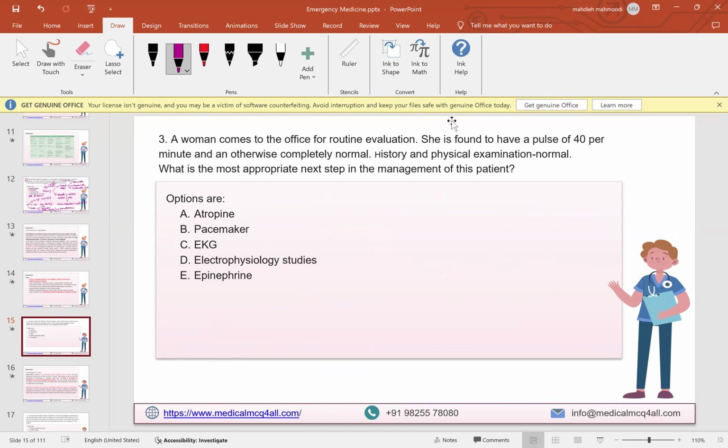A woman came to the office for routine evaluation. She is found to have a pulse of 40, otherwise completely normal. History and physical examination normal. What is the most appropriate next step in the management of this patient?